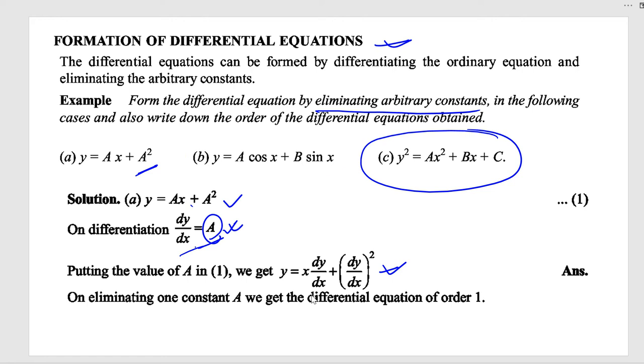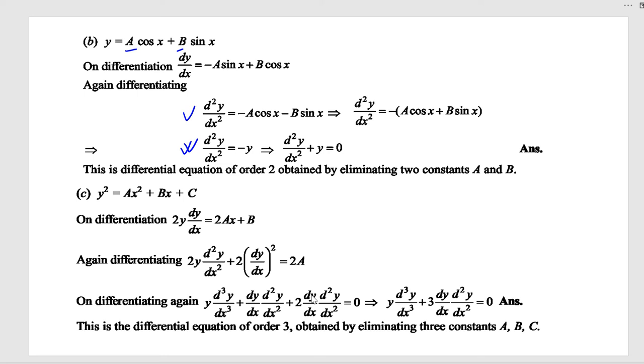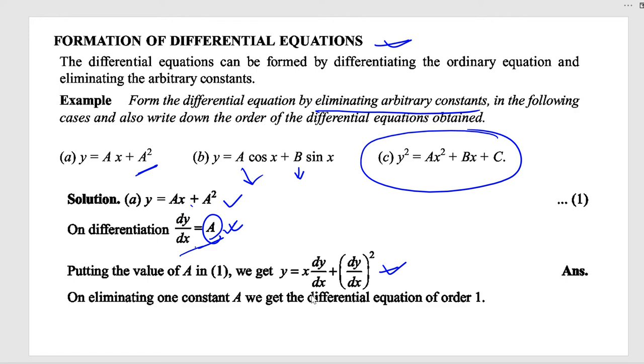But here we have two arbitrary constants a and b, so we need to go for second order differential equations. Here we have three arbitrary constants, so we need to go for third order derivatives. This is another equation. There are also some problems where, instead of an arbitrary constant, we need to eliminate an arbitrary function.